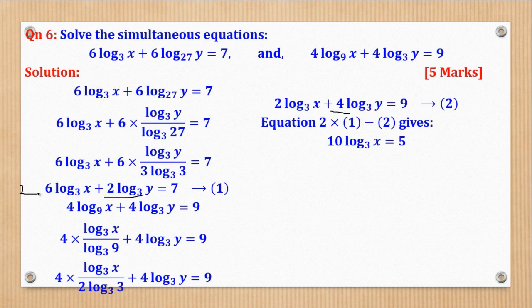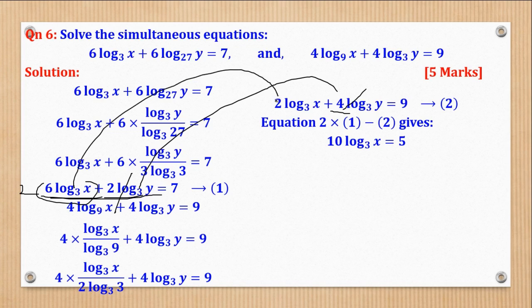That is why I have to multiply equation 2 throughout by 2, so that I can eliminate the log base 3 of y. When I do that and I subtract, this will cancel. I'll remain with 6 of this minus 2 of this. Sorry, this was 12 because 2 times 6 is 12.